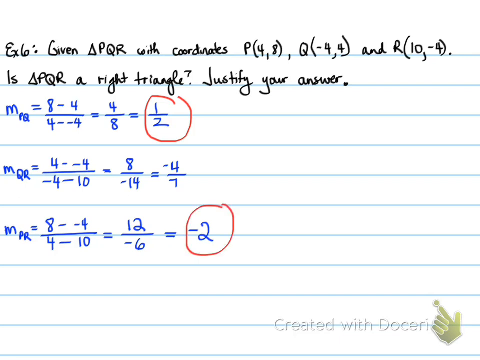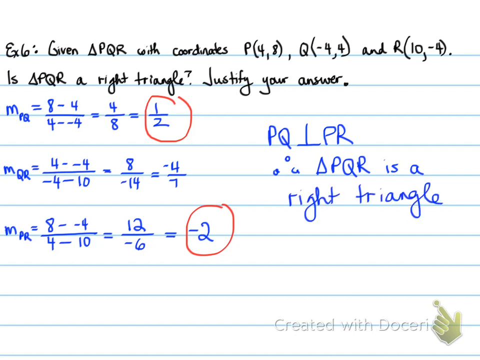That's right. PQ and PR turn out to be perpendicular. That is because if I take the slope of PQ and I multiply it by PR, that will give us negative 1. So they are negative reciprocals of each other. PQ is perpendicular to PR, and therefore we can say that triangle PQR is a right triangle.